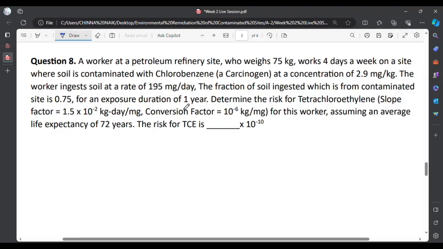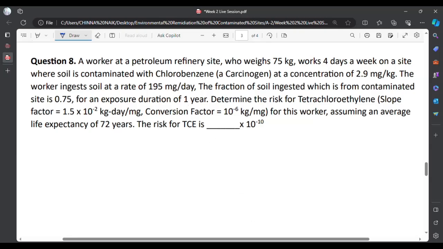The soil ingestion intake formula is Ce into Rg into Cf into Fi into Ef into Ed by Bw into At.